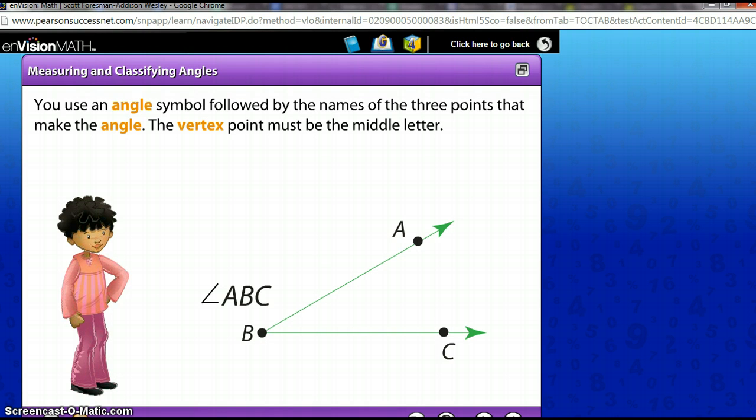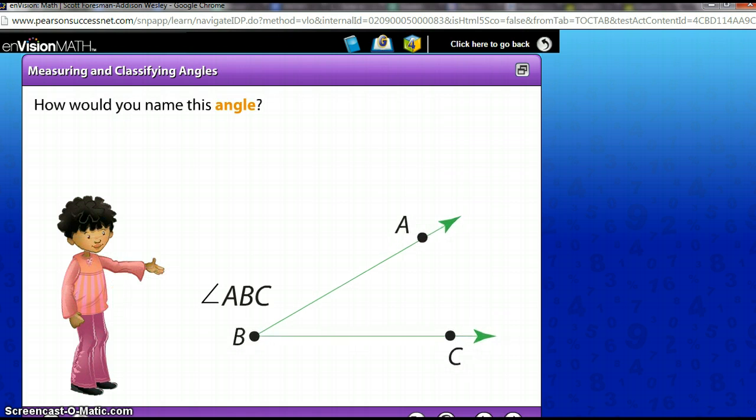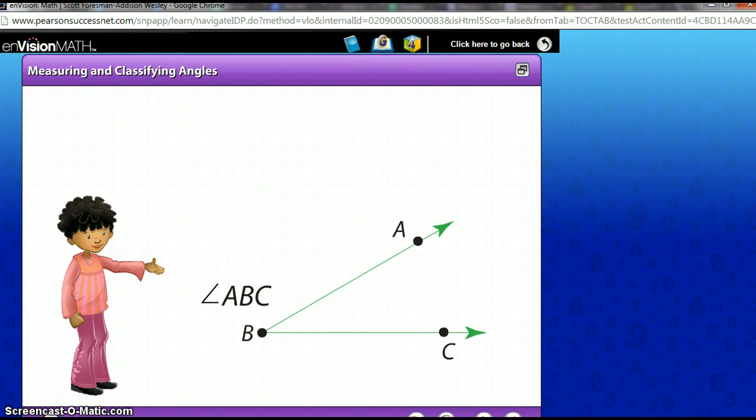So is there another way you could name this angle besides angle ABC? CBA. What else could you call it, Destiny? Angle CBA. What's another way you could name this angle? ABC? CBA? Or is there another way? There is no other way, Grace. You can't trick me. How would you name this angle?